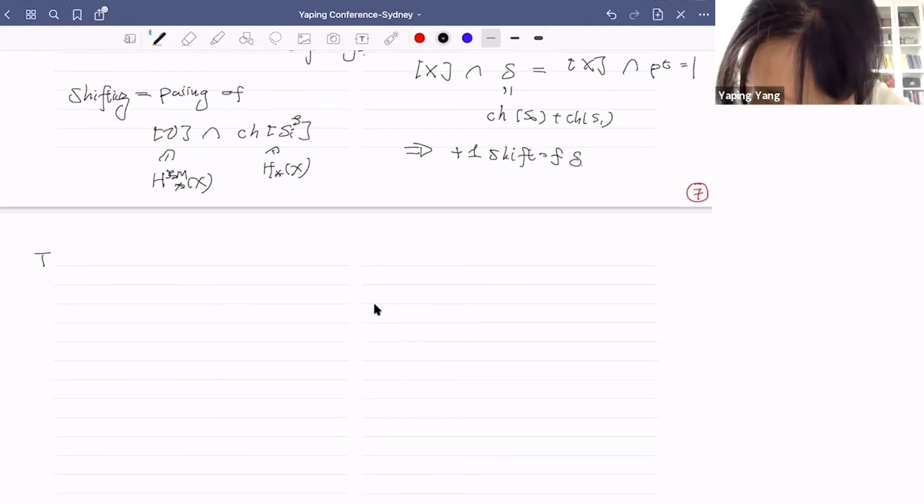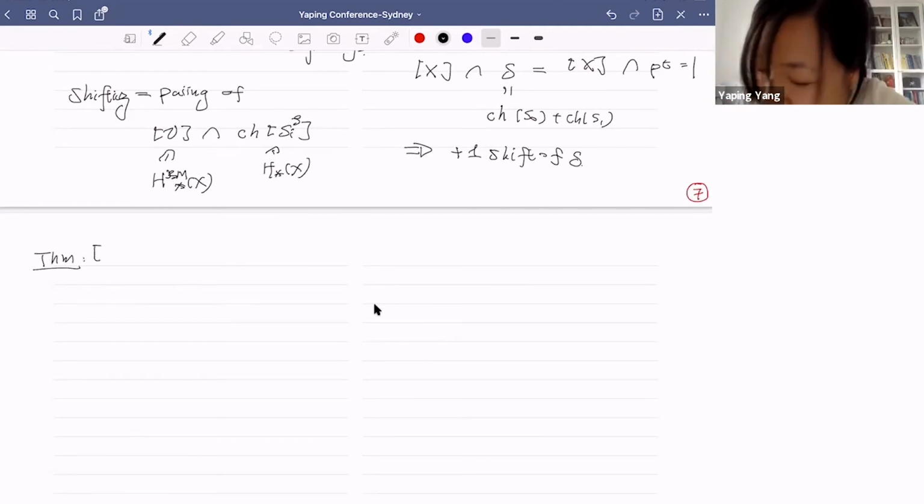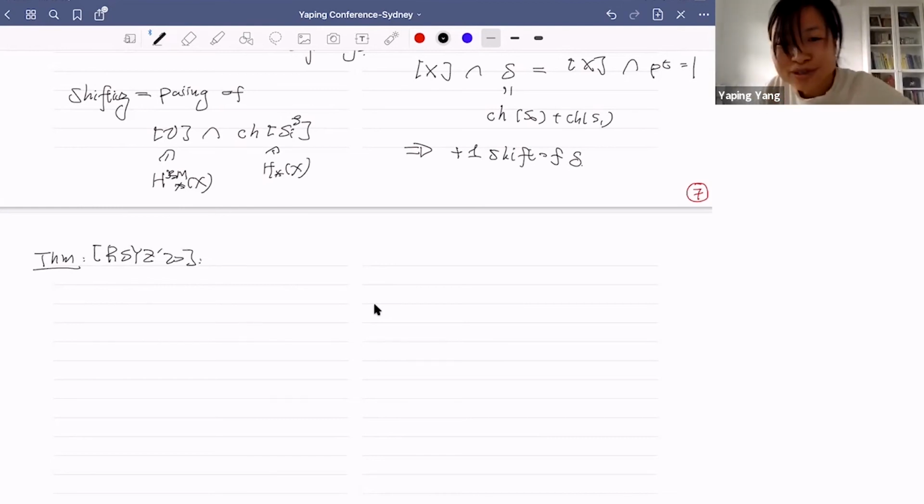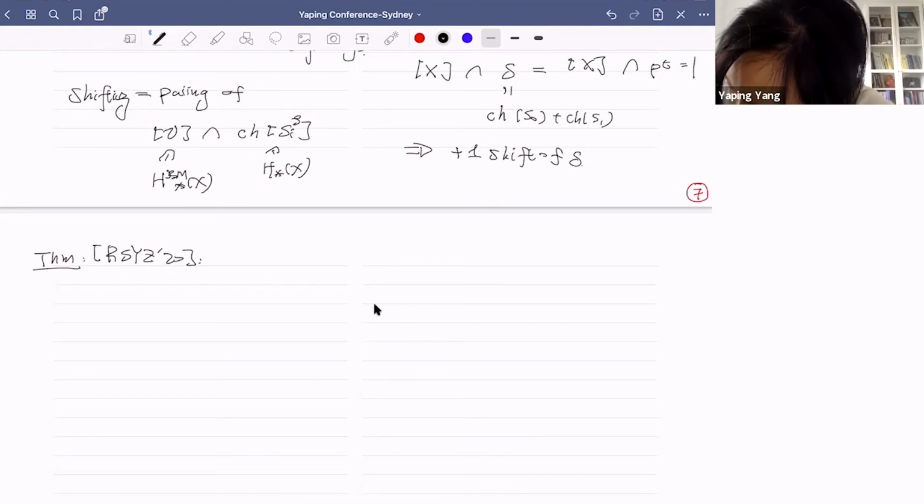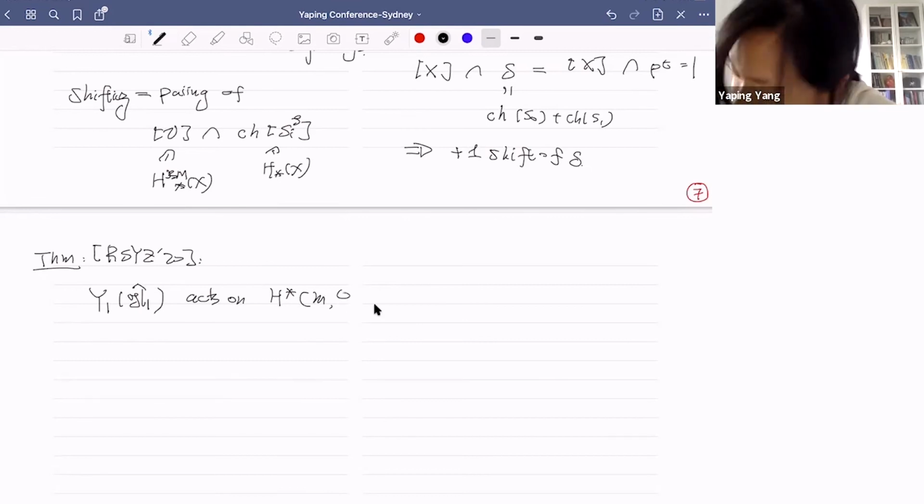So theorem. Right, so all those conjectures can be checked for the building blocks. So maybe I'll just write this one: the shifted Yangian of gl_1 hat acts on the equivariant cohomology of this moduli space.